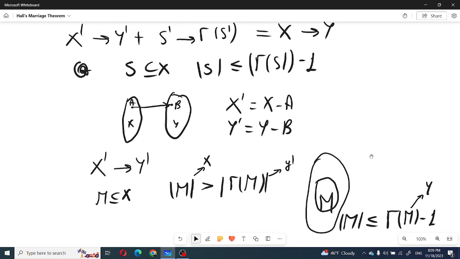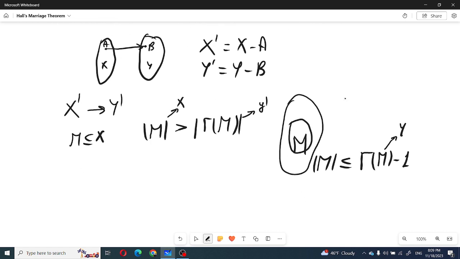At most one point will be cancelled out from the neighbors of M, and this point must be B. So this means that we need to take at least G of M minus 1. And clearly this was our condition.